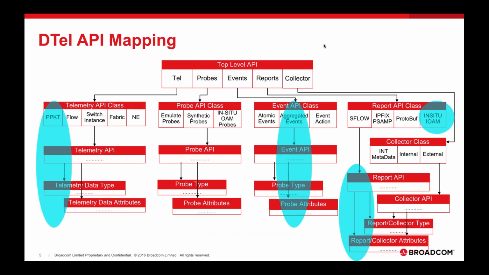The per packet INT APIs will cleanly go there. I'll segregate the events and put them neatly into the event class, and anything that is reporting will go into reporting and a collector class. We don't have a collector class today. You're right, I have taken the INT proposal as an example and shown that this is what we are going to do.